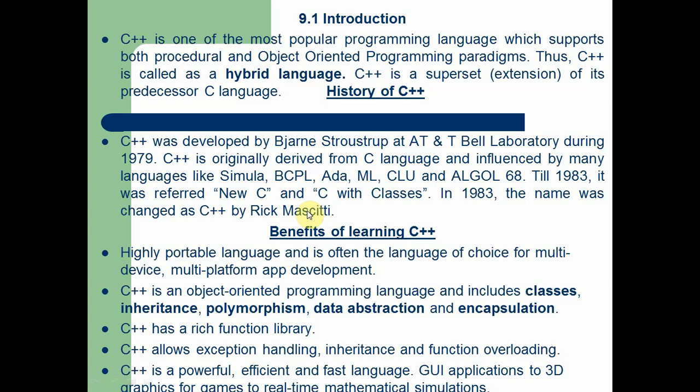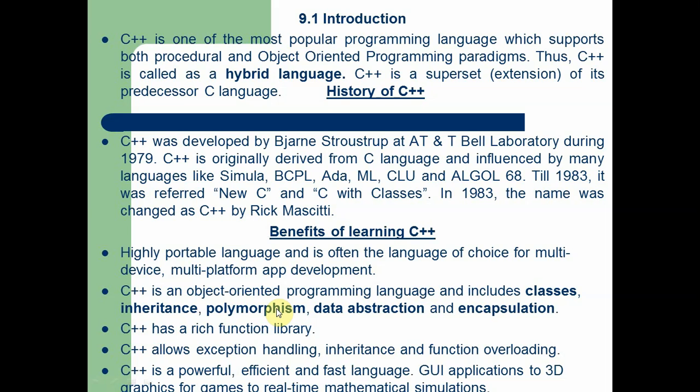Next, C++ is an object-oriented language which includes all the features of OOP. The shortened form of object-oriented is OOP. The OOP languages consist of five concepts: classes, inheritance, polymorphism, data abstraction, encapsulation.